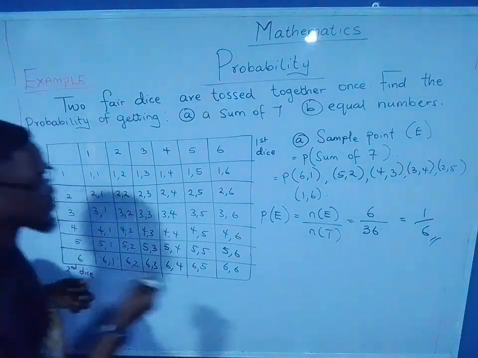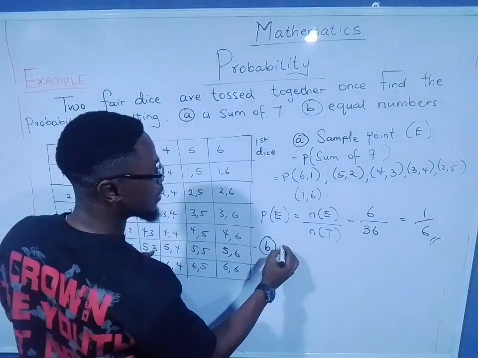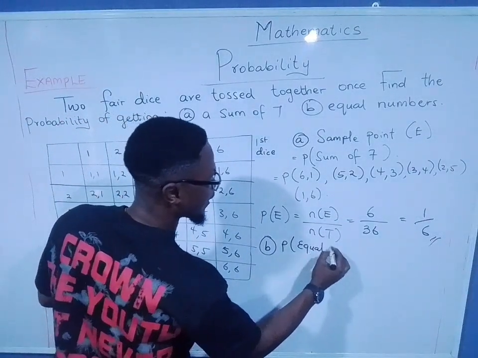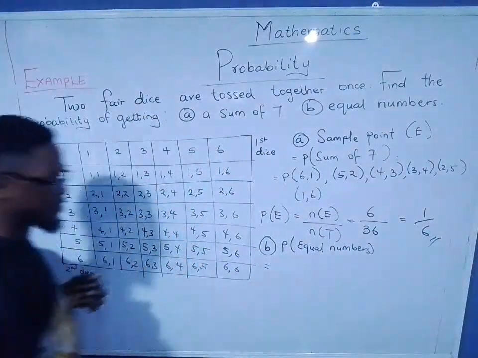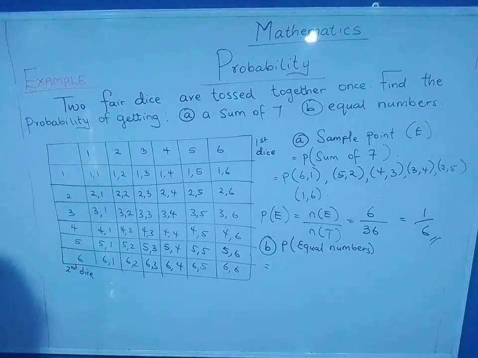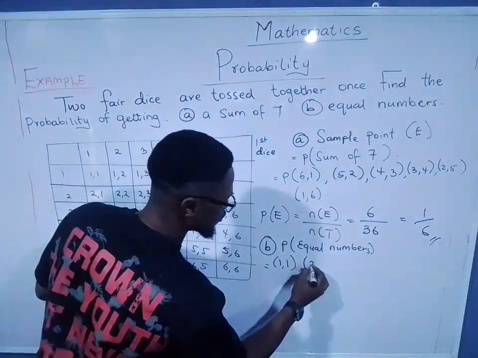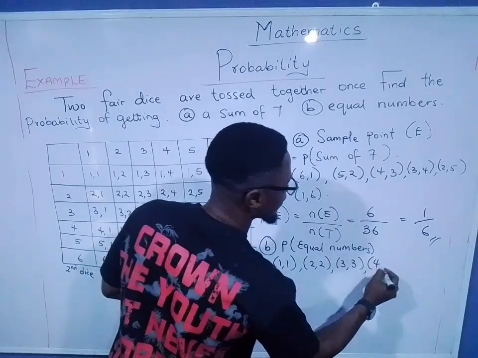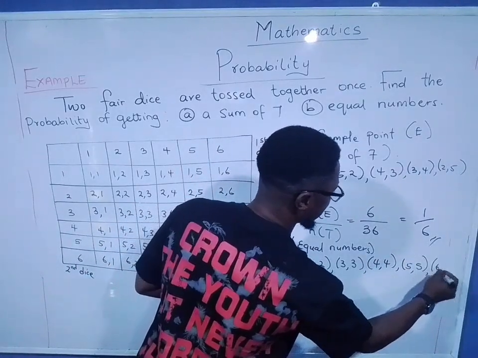So tell me what we're going to do here. What is the sample point for the equal numbers? Let's start with that one first. What are the equal numbers? The same number. 1 and 1, 2 and 2, 3 and 3, good, 6 and 6.